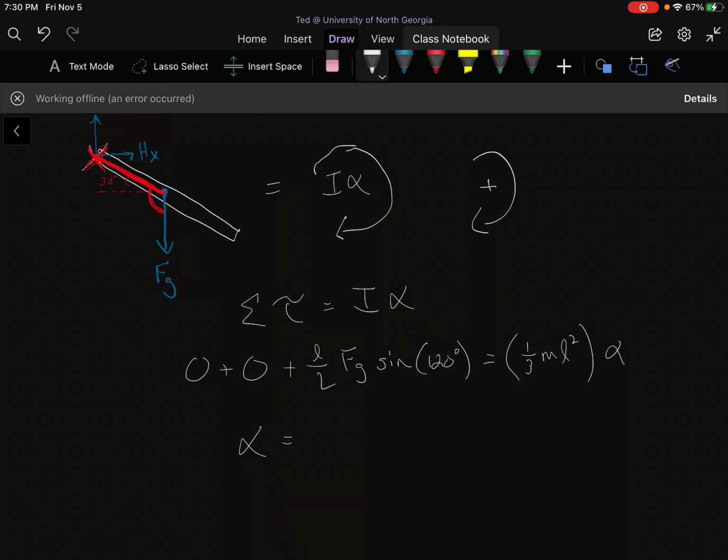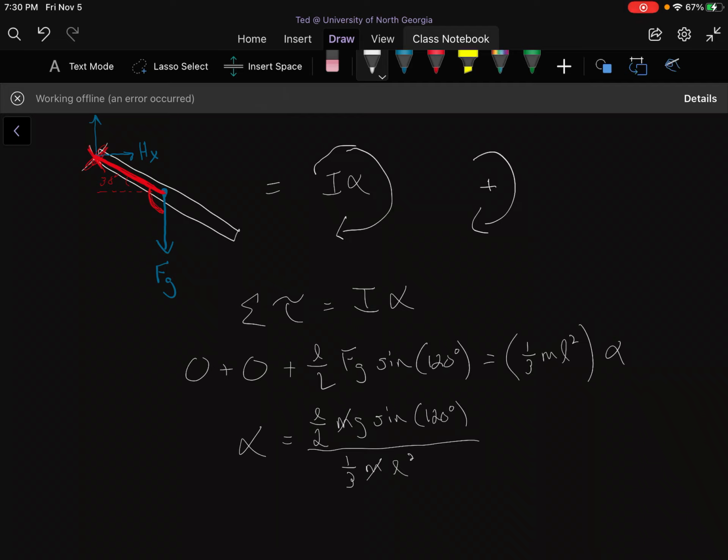And I get alpha is equal to L over 2 mg sine of 120 degrees, divided by 1/3 ml squared.